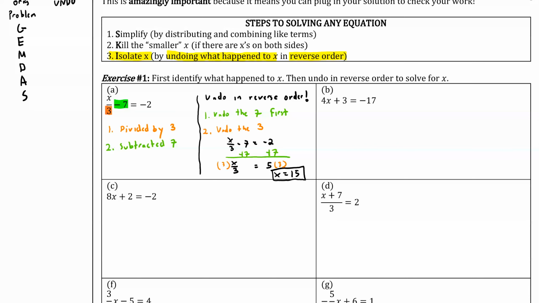So for exercise B, we have 4x plus 3 equals negative 7. So we want to recognize under order of operations, the x is being multiplied by a 4 first.